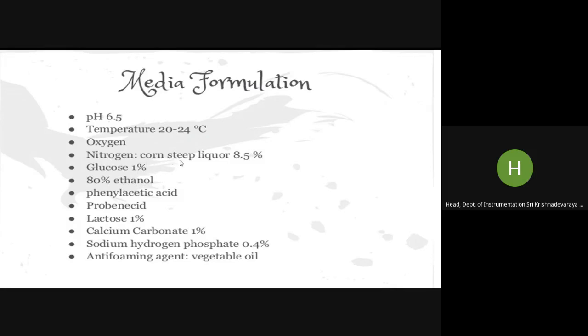Corn steep liquor should provide 8.5% nitrogen. Glucose should be 1% in the media, 80% ethanol, then phenylacetic acid, propionic acid, lactose 1%, calcium carbonate 1%, sodium hydroxide, sodium hydrogen phosphate 0.4%, and an anti-foaming agent like vegetable oil. So all these are the media that is basically used.